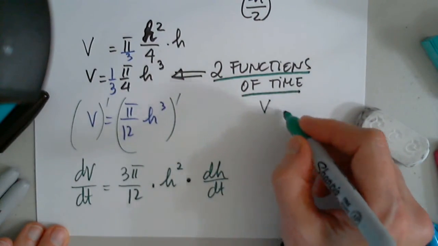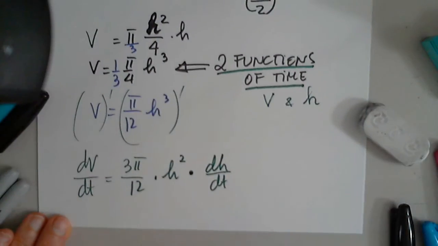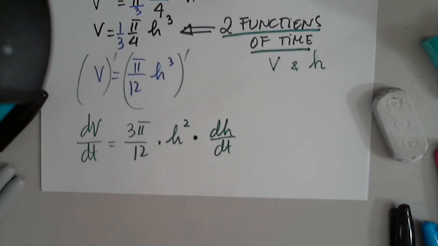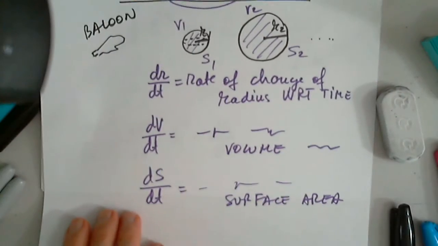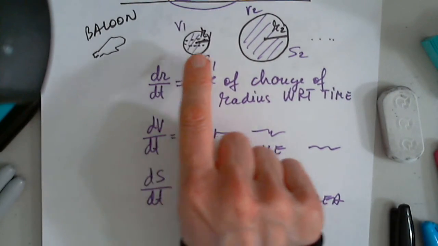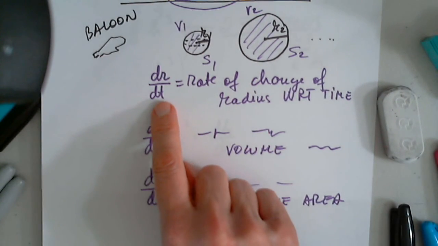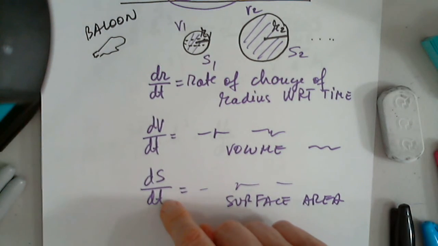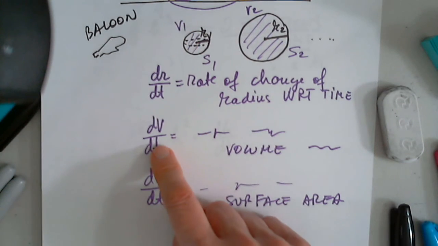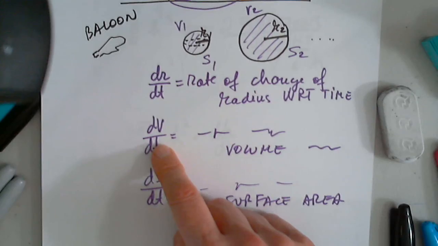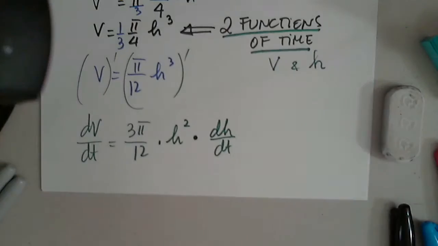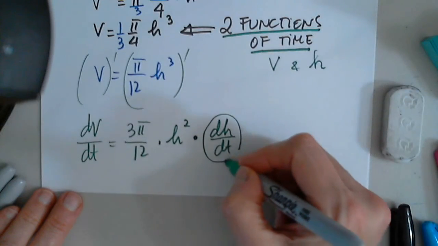One is the volume, and the other one is the height. As I mentioned initially, we pump air in a balloon. R is a function of time. H is a function of time. V is a function of time now, because they're changing. Good, very good. And now we are after this.